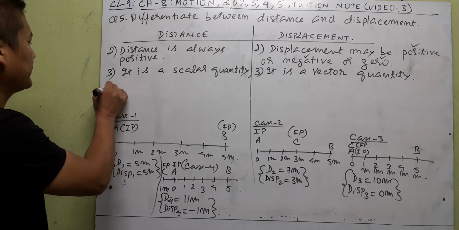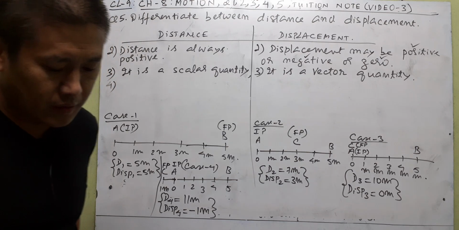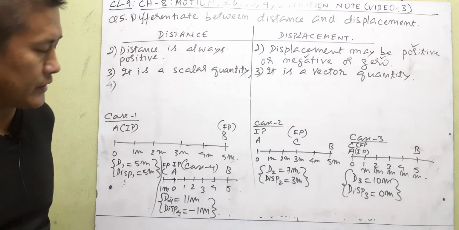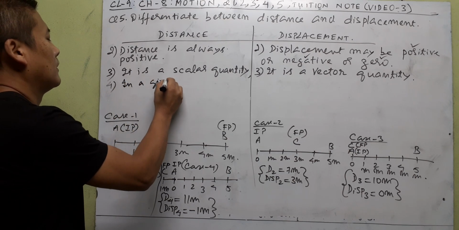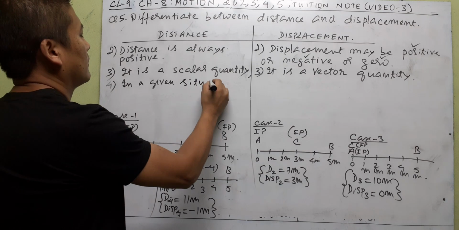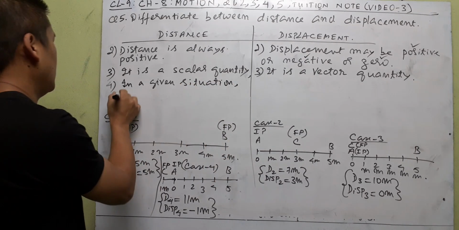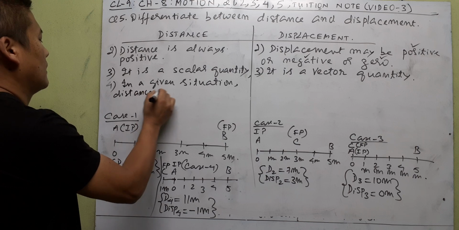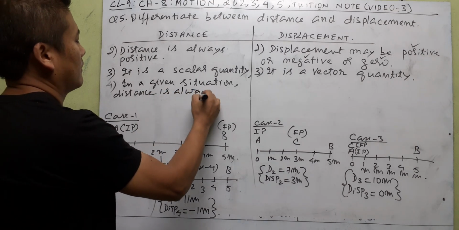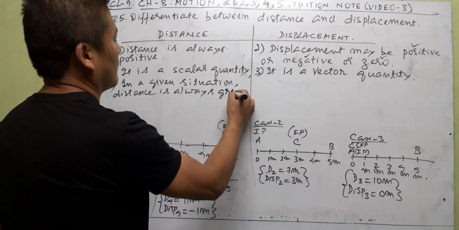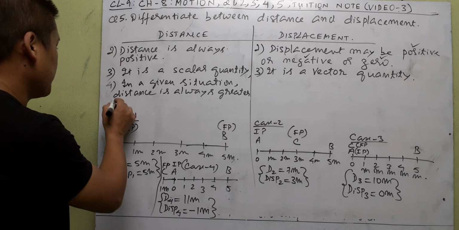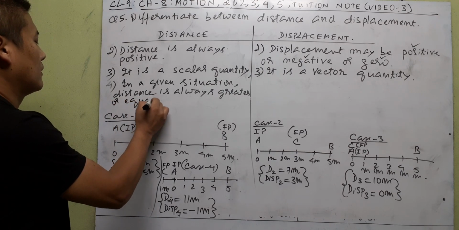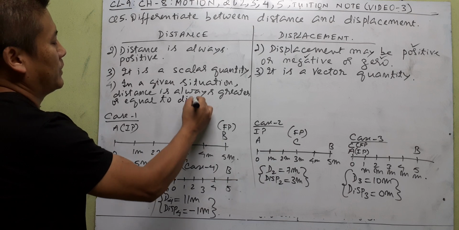One more point, the fourth point, okay, write it down, and these cases will explain it to us. In a given situation, distance is always greater, okay, it can be greater or equal to displacement.